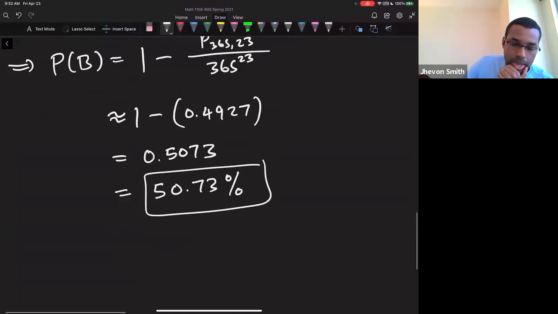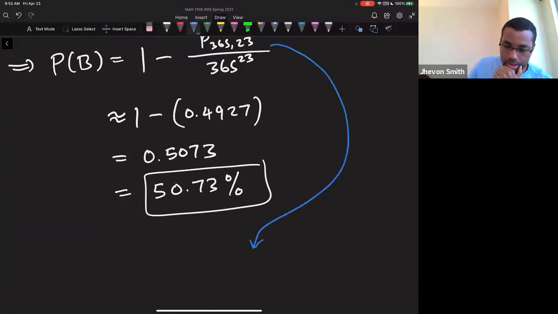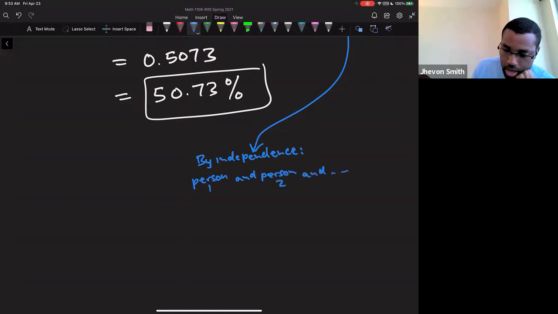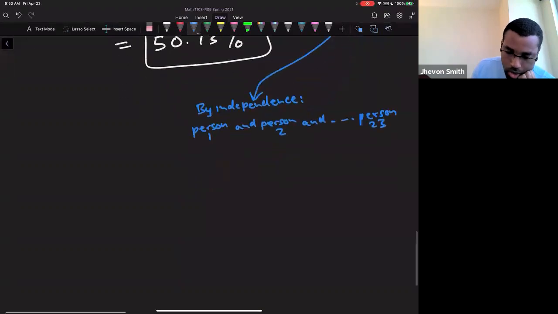And this one actually makes sense, because what you can realize is happening here is that by independence, it means person one and person two and ... person 23 all chose different birthdays.